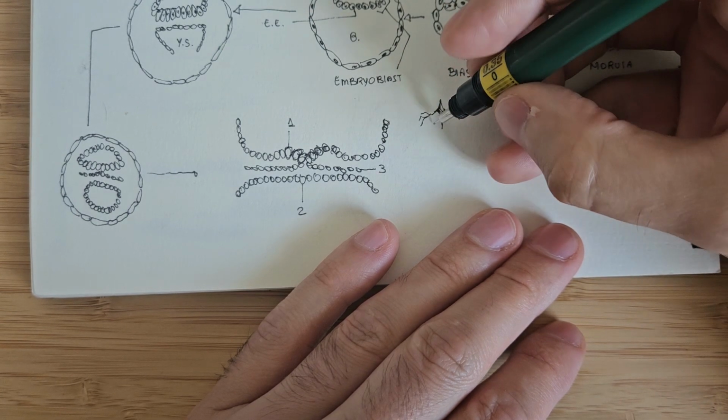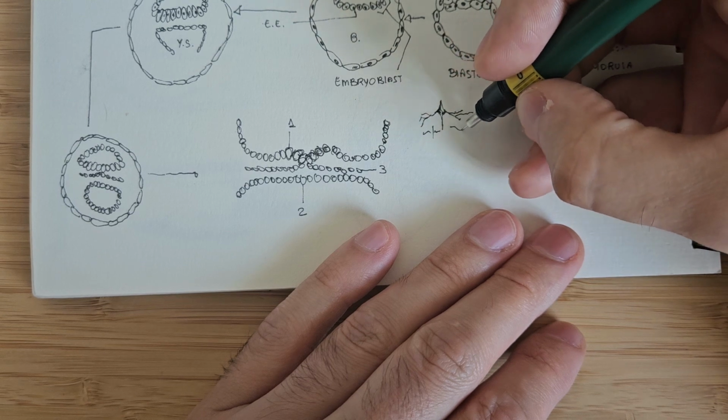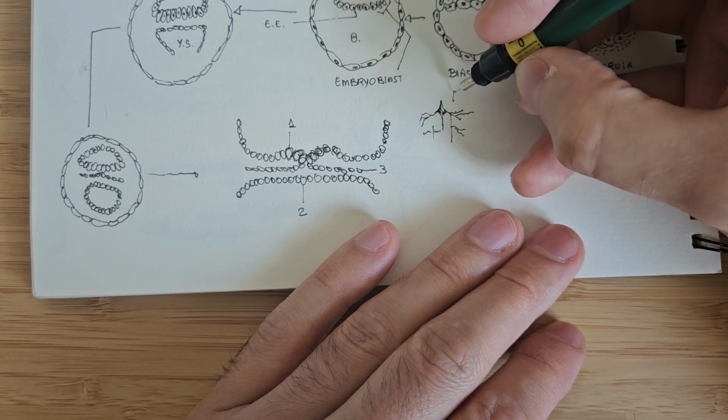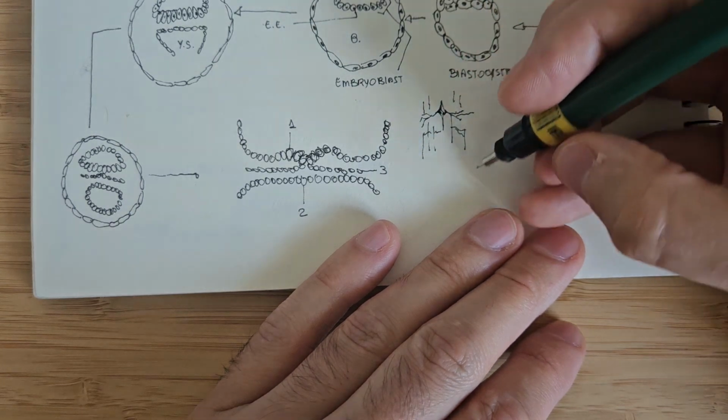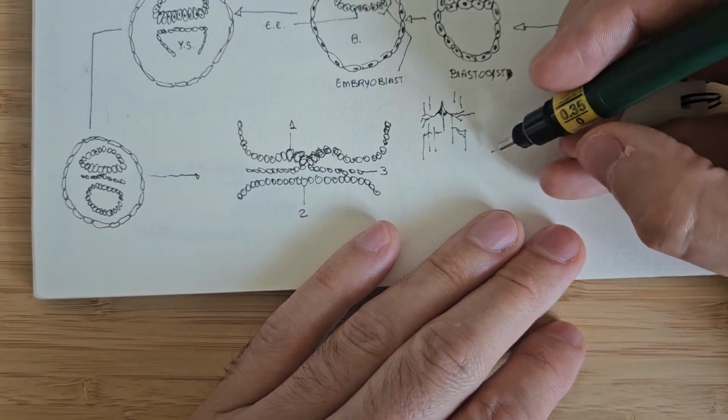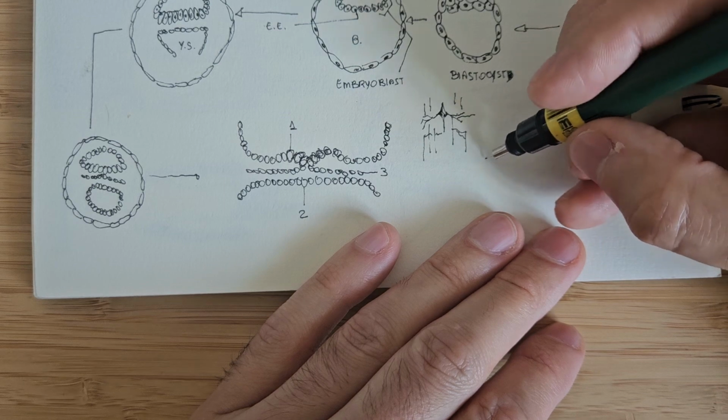Here is just representing the nervous system. Okay, then we have bones and muscles.